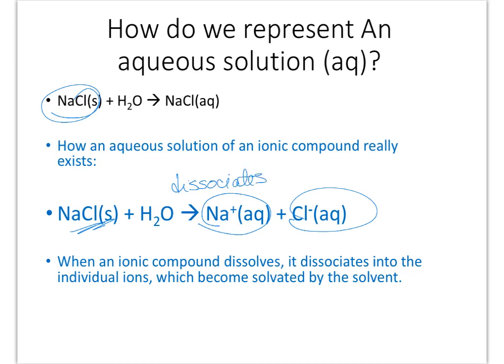When it dissociates, remember you have ions. They're charged species, and you've got to show that. The (aq) simply means it's dissolved in water. It's really important that an ionic compound dissociates, because then in aqueous solution, the cation is quite a bit separated from the anion, and both of them individually are solvated by water.